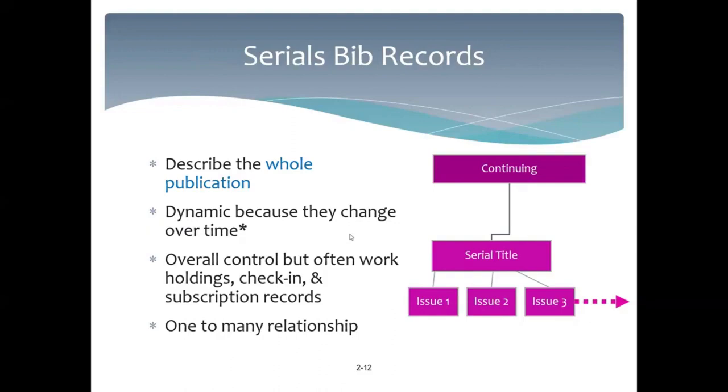So for serials, I think one of the biggest changes versus how we think of traditional monographs is that we're looking to describe the whole publication. Now, certainly if you have a monographic set, like that 26 volume encyclopedia, you're going to describe that whole encyclopedia when you're cataloging, right?